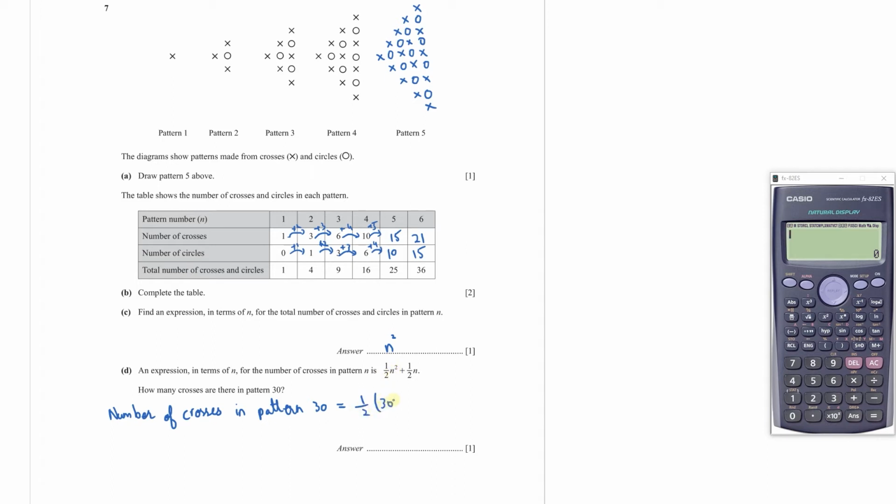So you'll get 1 over 2 times 30 squared plus 1 over 2 times 30. 30 squared is 900, and 900 divided by 2 is 450, plus 30 divided by 2 is 15. So this will be 465.